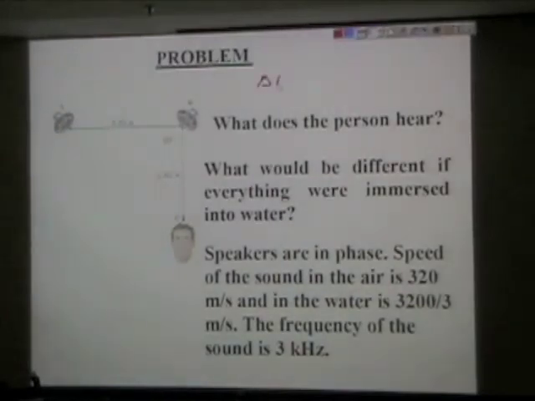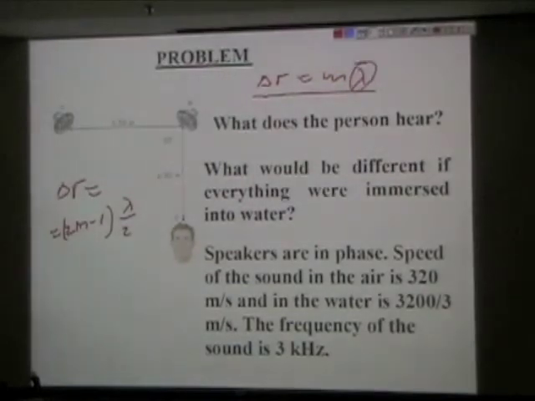We know that to observe a maximum or a minimum, one of these conditions has to be fulfilled. So it's about wavelength, right? There's a wavelength for the sound in the air.